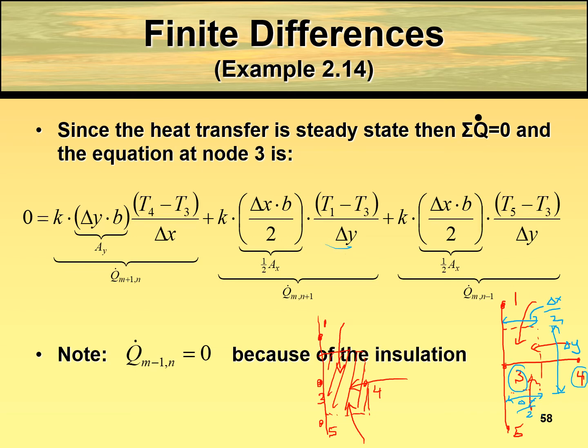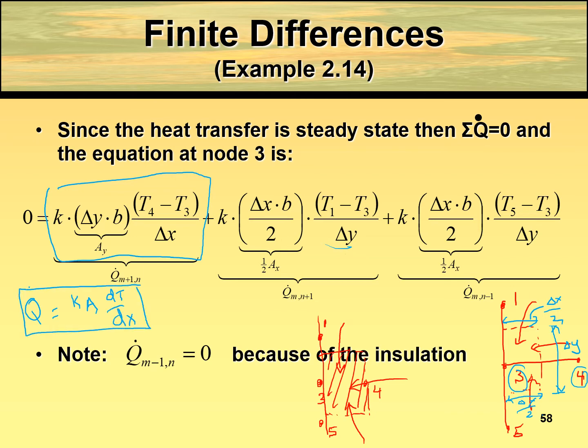So let's consider heat transfer from 4 to 3. That is given by the equation Q equals K A delta T over delta x. So this is your Q dot, right? Now imagine your heat is coming from 4 to 3. So we use K. And then we will come to this in a while.